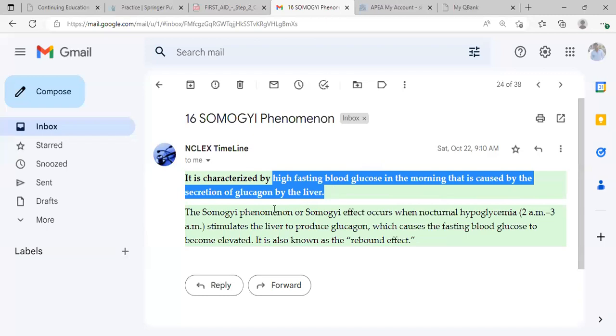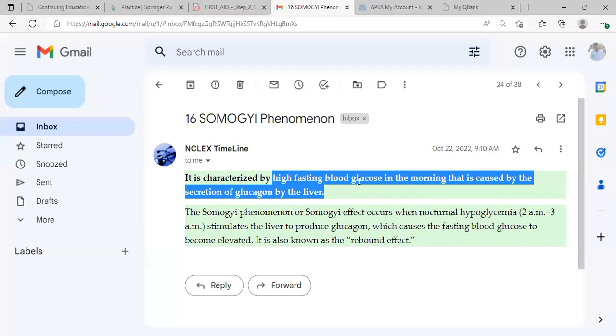And this happens because at night time the liver secretes glucagon. What you can do, my friend, is check the patient's blood sugar early in the morning at 3 a.m., 2 a.m. So the Somogyi phenomenon occurs when there is nocturnal, meaning midnight, hypoglycemia, right? Why?